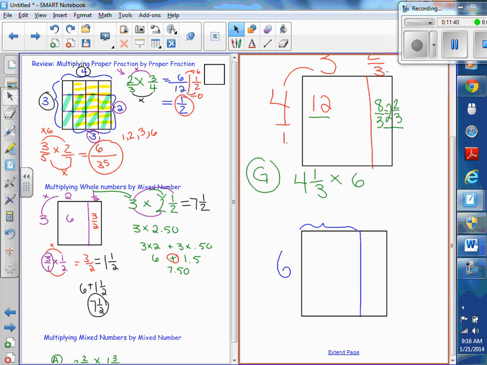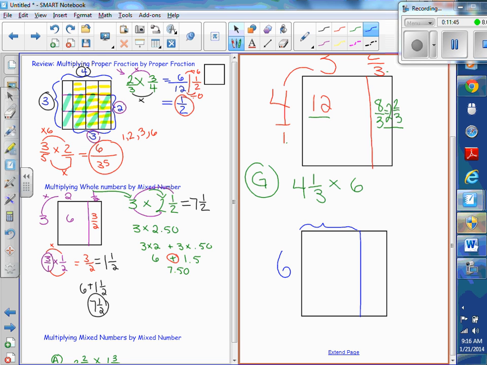I'm putting 2 parts. Somebody new. Joel, what do you think? I have to put 2 parts. I have the 6. What's going to go right there? 4. Perfect. And the other part, Jack? Right here? What do you think, Jamal? It'd be 1/3. Oh, you're breaking the mixed number up. Okay, so find those, do the multiply now.